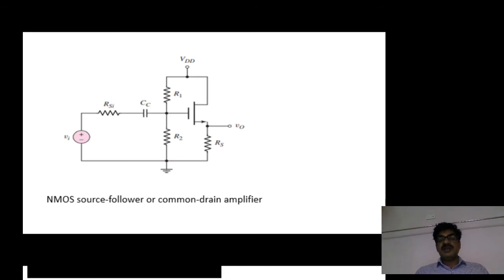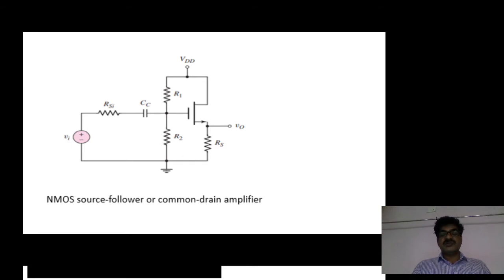The next amplifier, let us see in the same class, is the common drain amplifier. This is the common drain amplifier. In this common drain amplifier, the input is at the gate and the output is from the source, whereas the drain terminal is at ground potential.